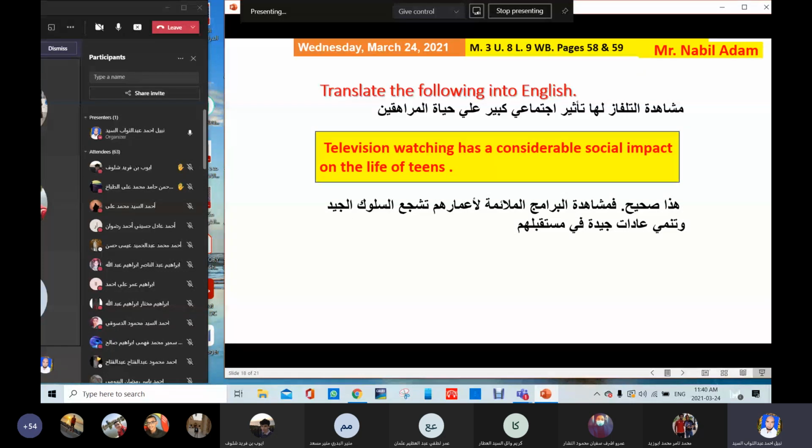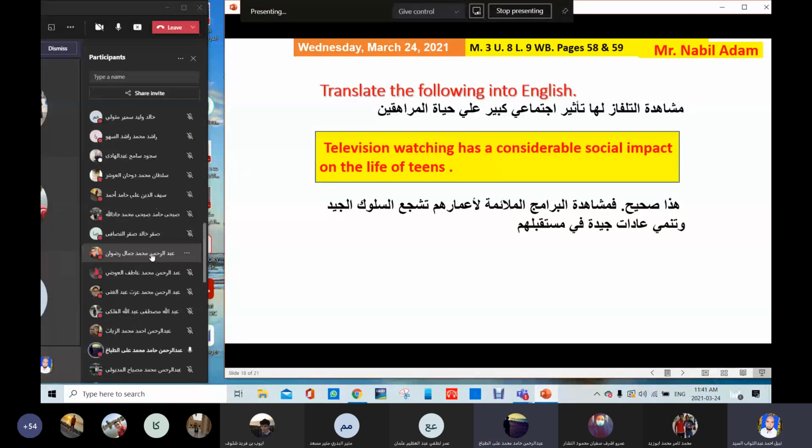Is it true that watching age-appropriate programs encourages good behavior and develops good habits in their future? Translate into English. That's right. Watching programs. Which programs? Age appropriate. Encourages good behavior and good behavior.